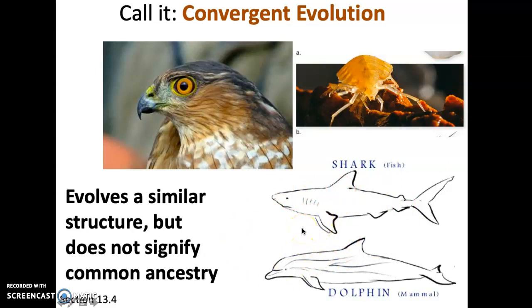They must be cousins. They must be very closely related. And it turns out that they don't have such a recent common ancestor. Convergent evolution gave them that shape that is spectacular in the water because you can swim so well through water if you have that shape.